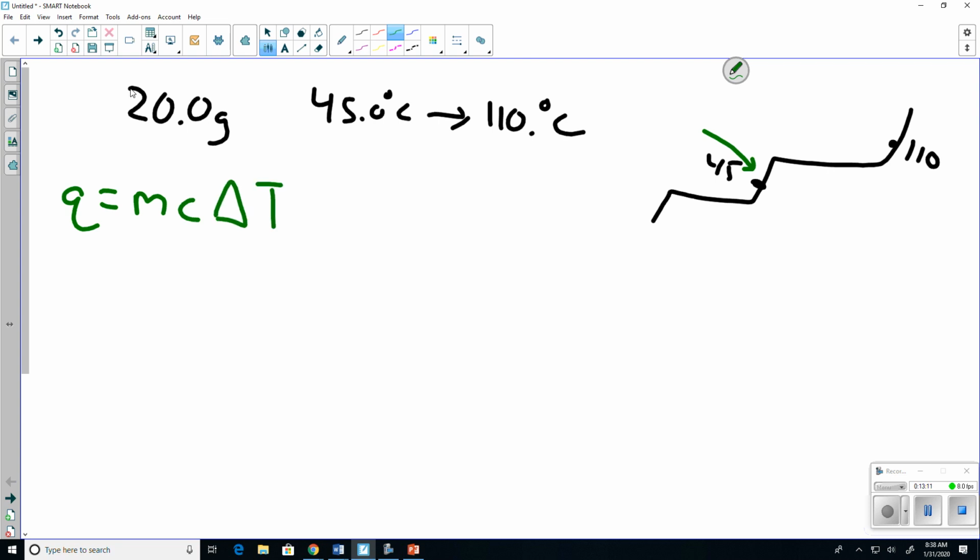Since there's a temperature change, I'm going to use Q equals mc delta T. My mass in this problem is 20 grams. The C value, since I am dealing with liquid water, is 4.184 joules per gram degree Celsius.